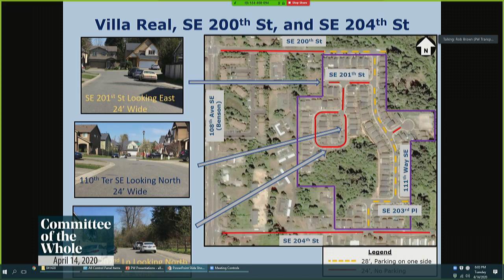But one interesting thing, when the fire marshal's office went out to evaluate this area and measure the streets, they also noted that Southeast 200th Street and Southeast 204th Street are less than 28 feet wide, and asked us to restrict parking on those streets as well. You can see those at the top and the bottom of the map with the red lines. Any questions or comments about this location? Okay, next slide, please.